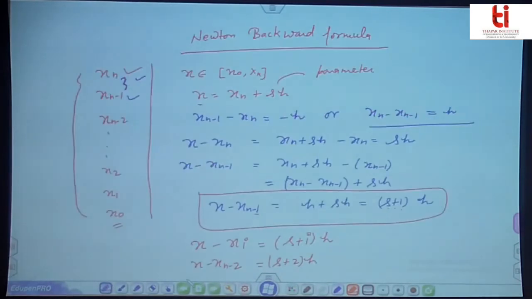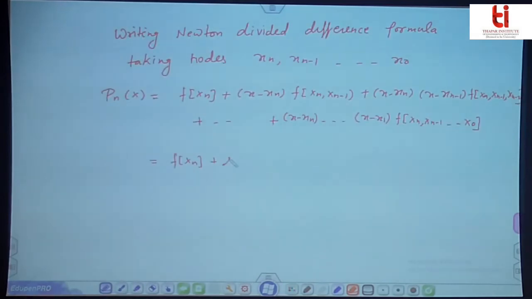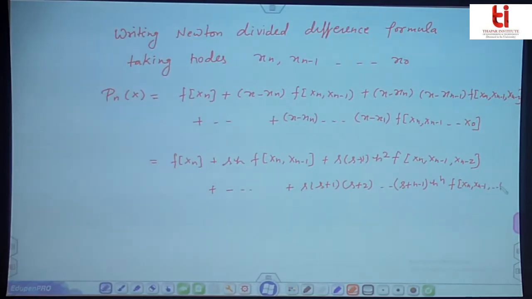So f of xn as it is, x minus xn that we computed is sh, times f of xn, xn minus 1, plus s(s plus 1) h square f of xn, xn minus 1, xn minus 2, and so on, plus s(s plus 1)(s plus 2) up to (s plus n minus 1) h raised to power n, f of xn, xn minus 1 up to x0.